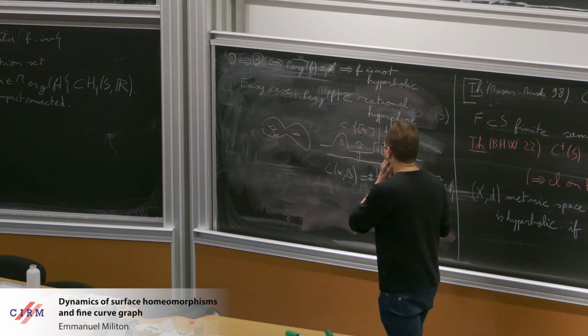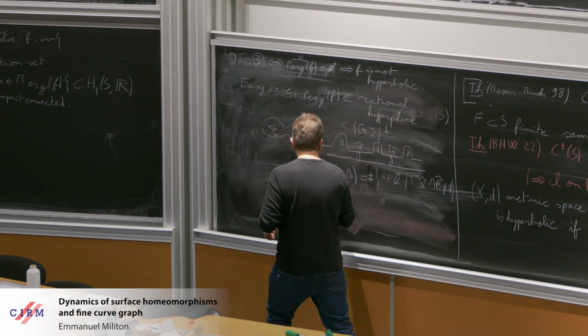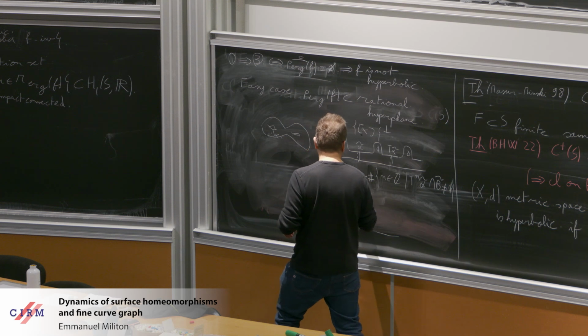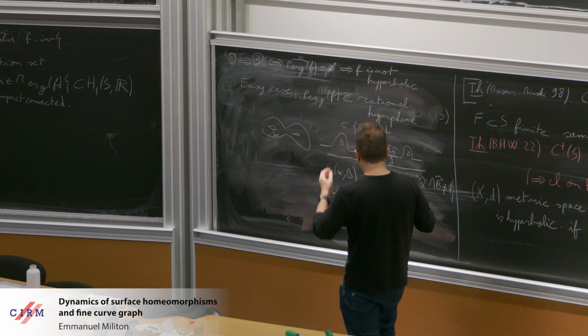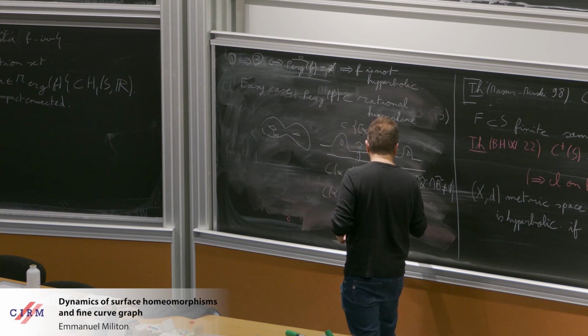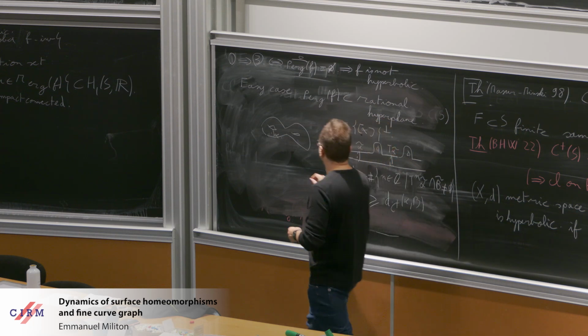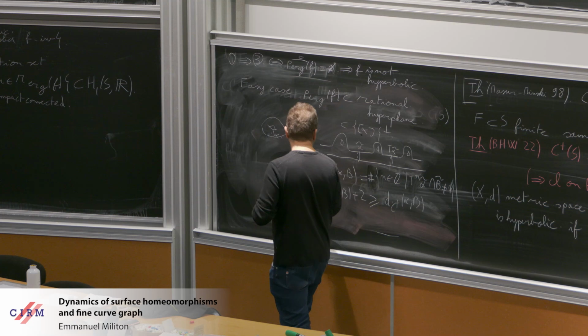And this has a nice property. The property, not that difficult to prove, is that it's bigger than the distance between those two curves. So here you take beta isotopic to alpha.